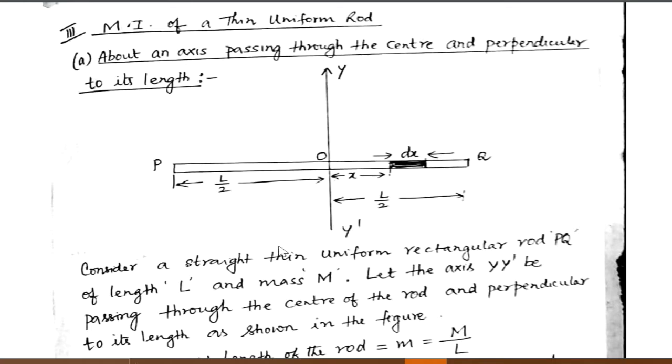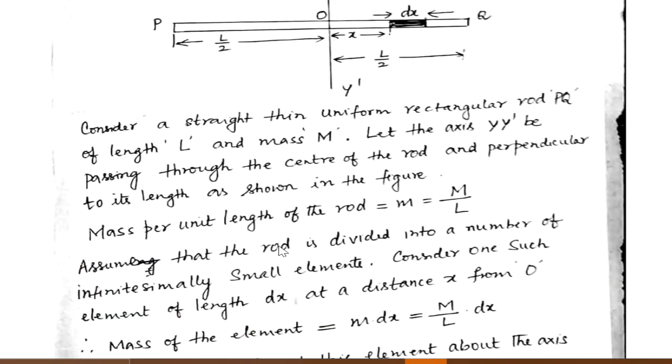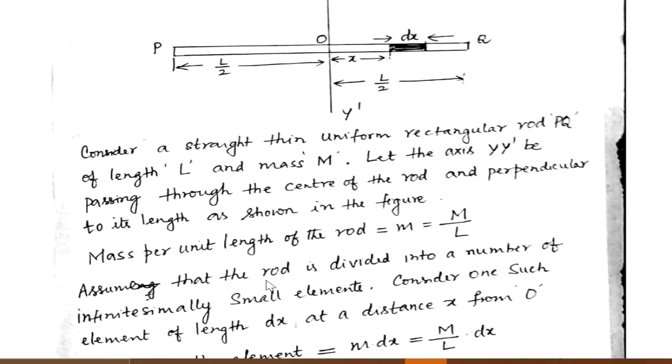Now coming to the explanation part, consider a straight, thin, uniform rectangular rod PQ of length L and mass capital M. Let the axis y dash be passing through the center of the rod, that is point O in the figure, and perpendicular to its length as shown in the figure.